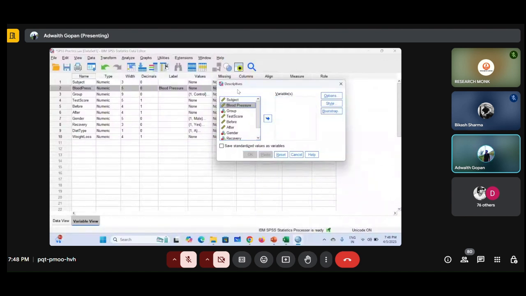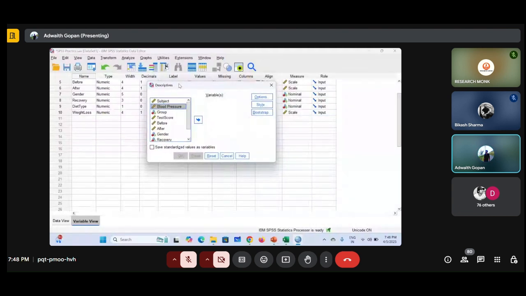Make sure one thing that you have to keep in mind is that the descriptive table is only for continuous variables or scale variables. You should not use it for categorical variables or nominal variables. For nominal variables we use the frequency table that I will show in the next step. Has everyone got this interface, the descriptive interface?